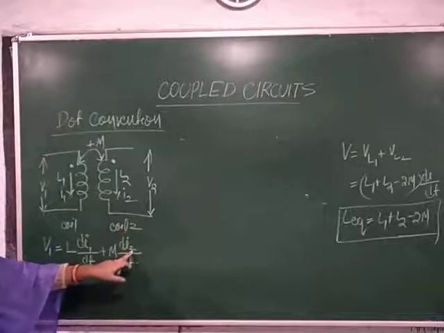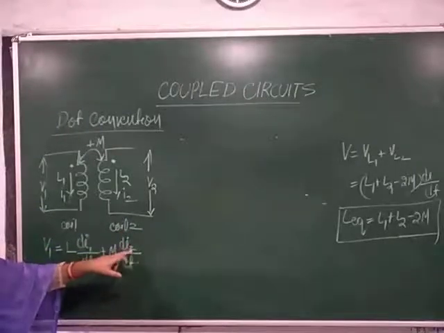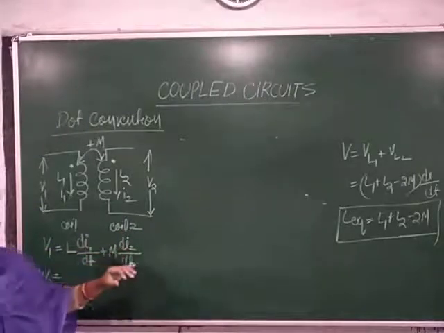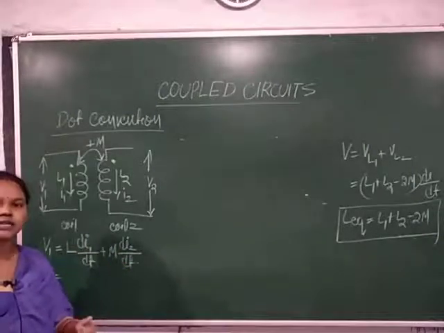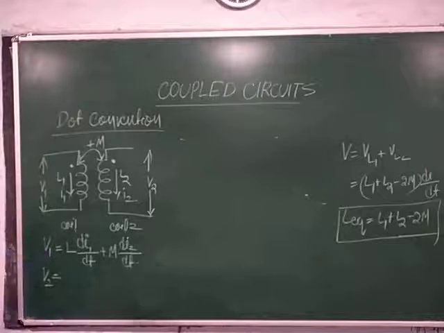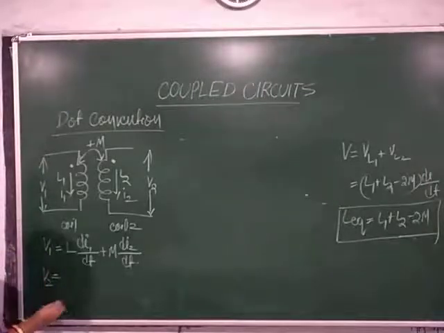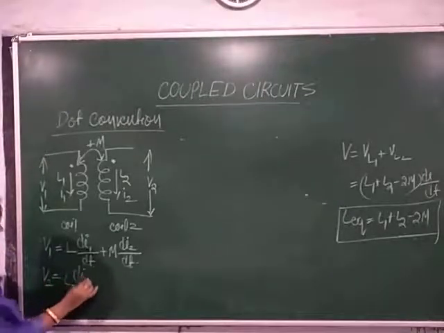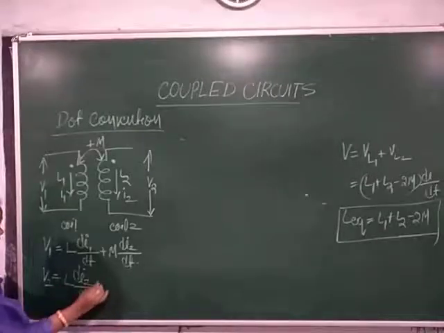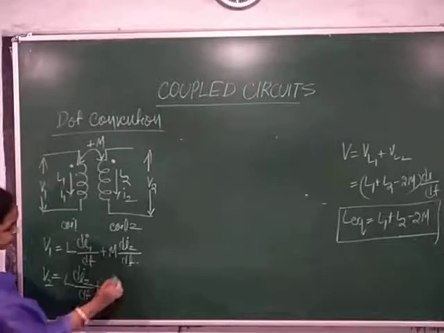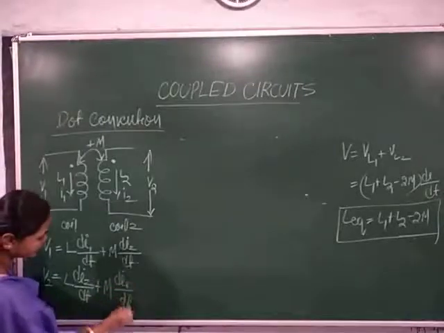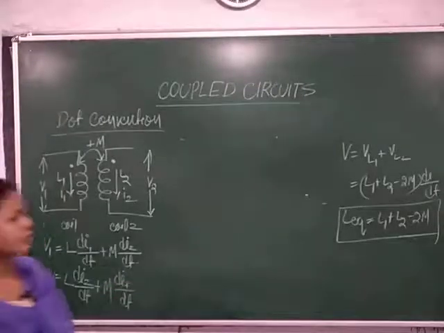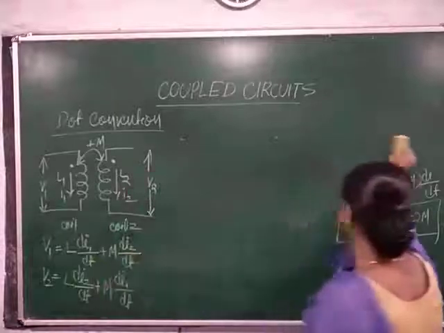Hence I write here the current I2. I have clearly discussed this in the previous video lecture when I discussed mutual inductance. Similarly, V2 is L2 di2 by dt plus M di1 by dt.